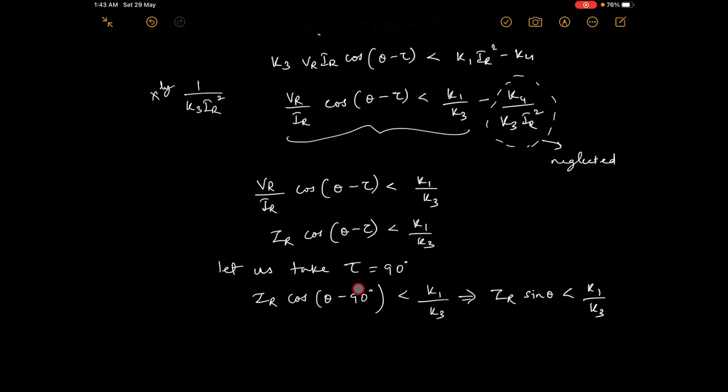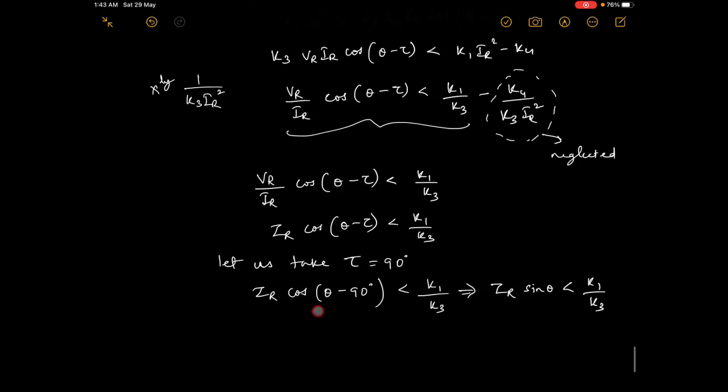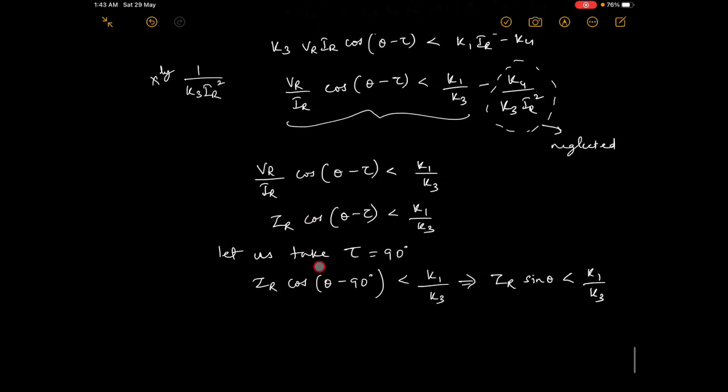If we substitute 90 degrees here, this becomes ZR cos theta minus 90 degrees less than k1 by k3. So this equation is written here. This implies that cos theta minus 90 is nothing but sin theta, and ZR as it is.